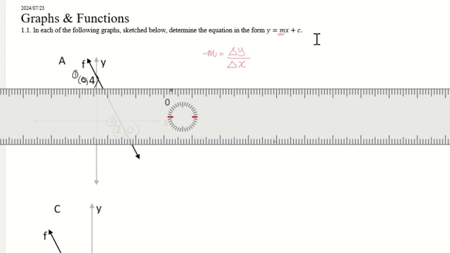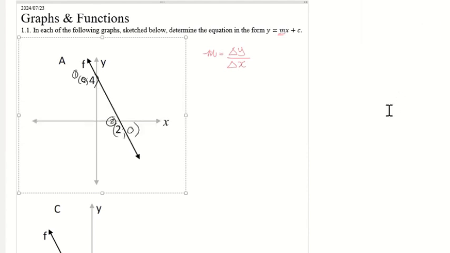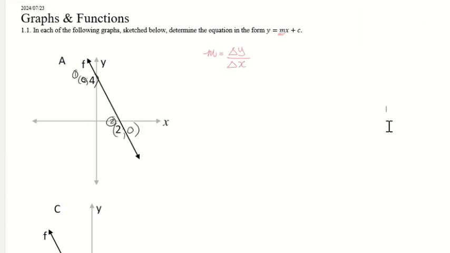What is another name for slope? Gradient. The gradient of this line. I'm going to take the ruler away. So now I'm going to write here a formula. To some of you who are very clever, you might have remembered this formula. So we're going to say y2 minus y1 over x2 minus x1.